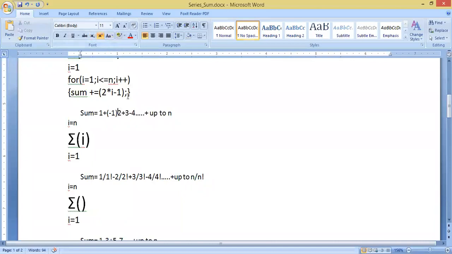So I can write this as minus 1 to the power 1, and this is written as 2. Then every time I'll utilize this power symbol.